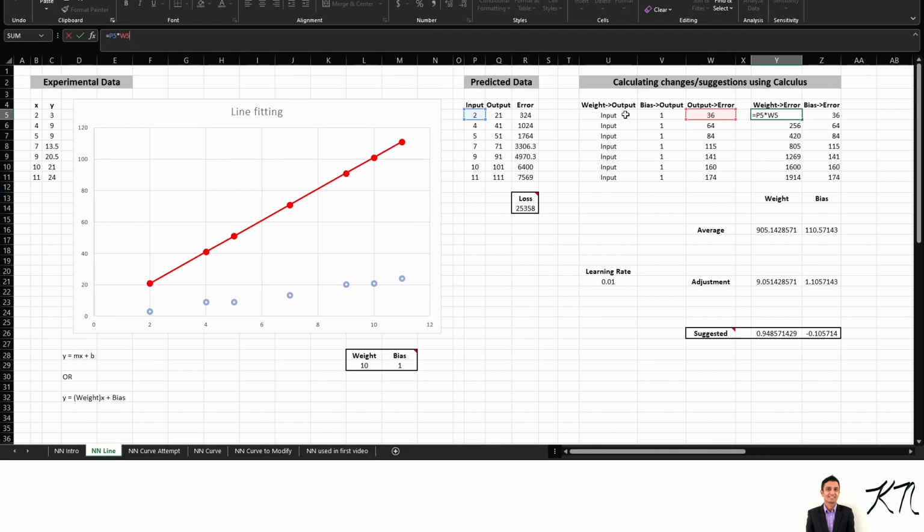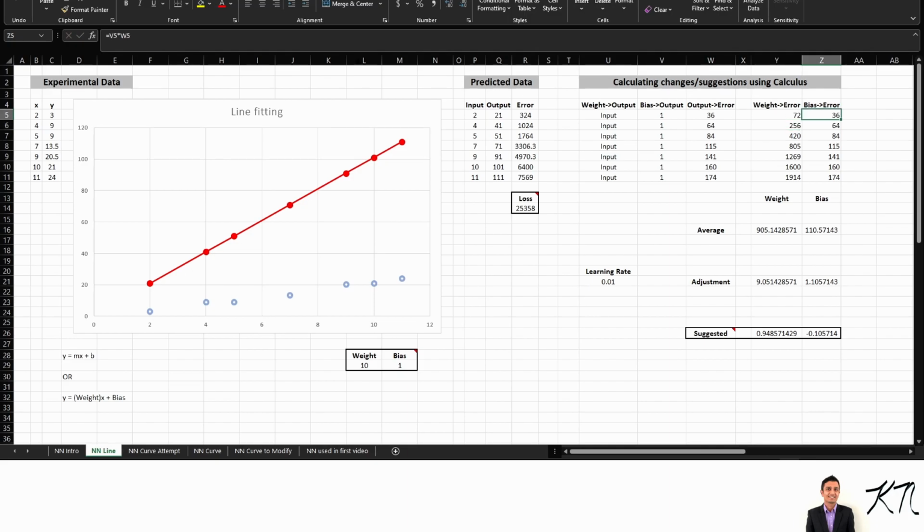Now input, right? This is just to show you that this is input, but in the actual formula you have to point to the number, which is the input. So you're multiplying the output error value here by the input in order to get the effect of weight on error.